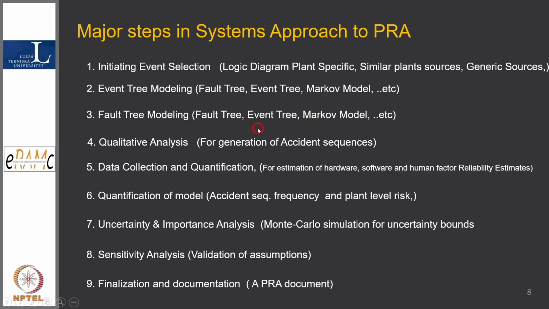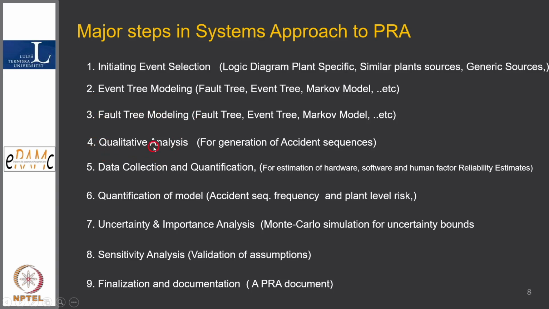Here inventory will be little less, but Markov model will be extensively used. Fault tree modeling and Markov model are different, but fault tree alone 90% of the time is used for system modeling. Actually it should be event modeling and system modeling. So these tools can be used.